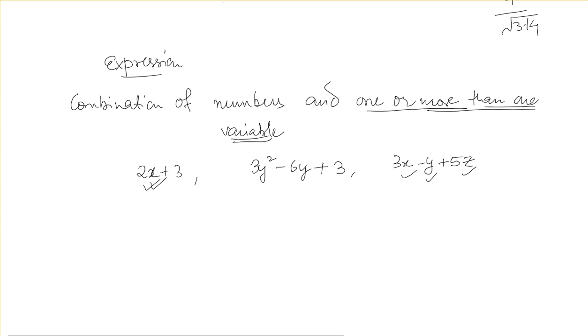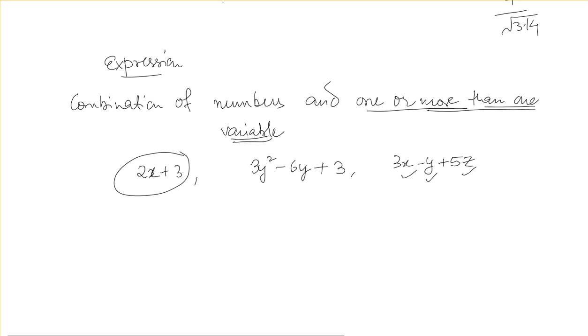Now we learn about terms. How many terms are there in this expression? This must be very clear that there are not three terms, 2 and x and 3. No, there are only two terms in this expression, because terms are decided by plus and minus signs. These are the operators which decide how many terms there are.